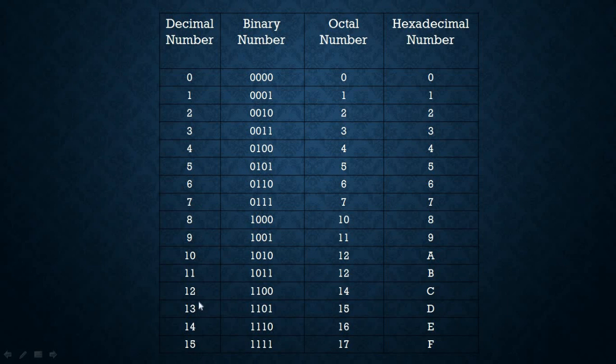If we consider the decimal number 12, it is represented in binary as 1100, in the octal number system as 14, and in the hexadecimal number system as C. The same applies for 15. The decimal 15 is represented in binary as 1111, in the octal number system as 17, and in the hexadecimal number system as F.